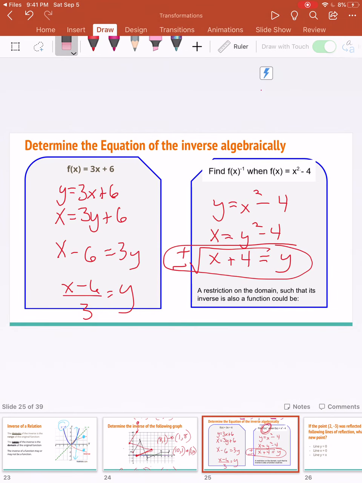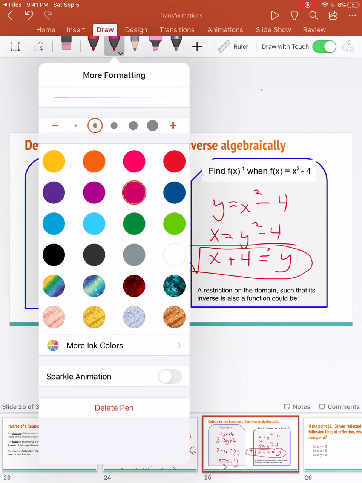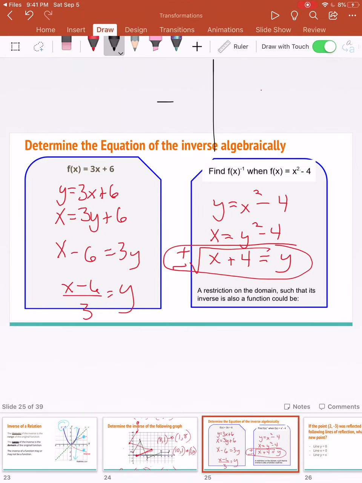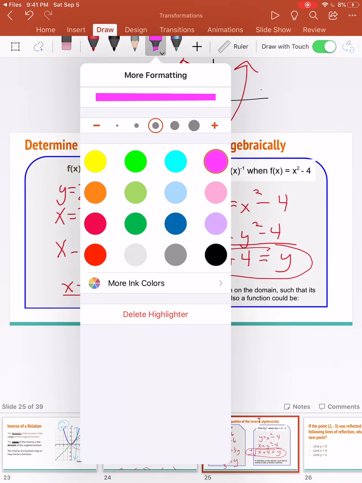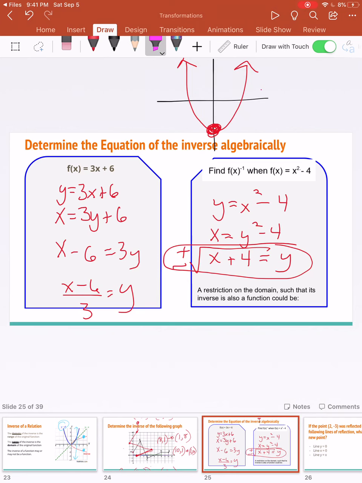So if I wanted to write a domain, let me draw that again really quick. Okay, apply a restriction on my domain so that the inverse was, okay, a function. Really, I could pick any domain where I can't draw a horizontal line that hits the graph more than once.